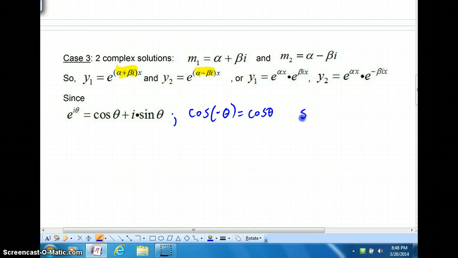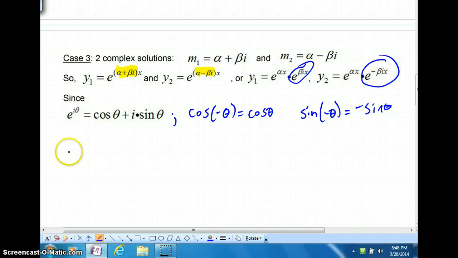And similarly, the sine of the opposite of theta equals the opposite of sine of theta. Now, why are we bringing this up? Well, just to show you that we could definitely now take a look at what's happening with e to the beta ix and e to the opposite beta ix.